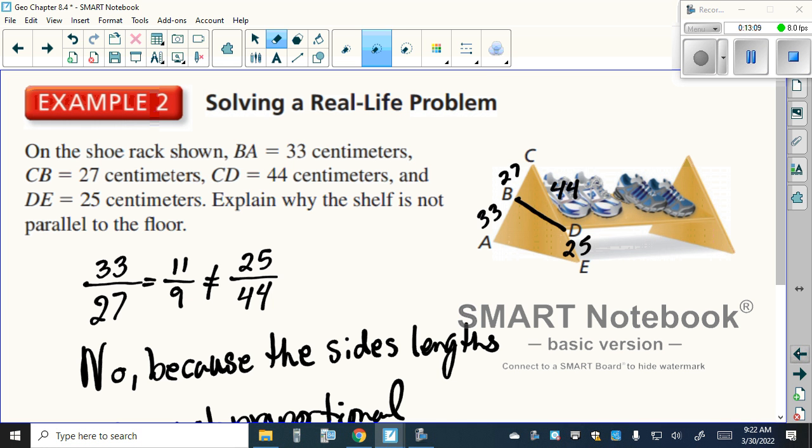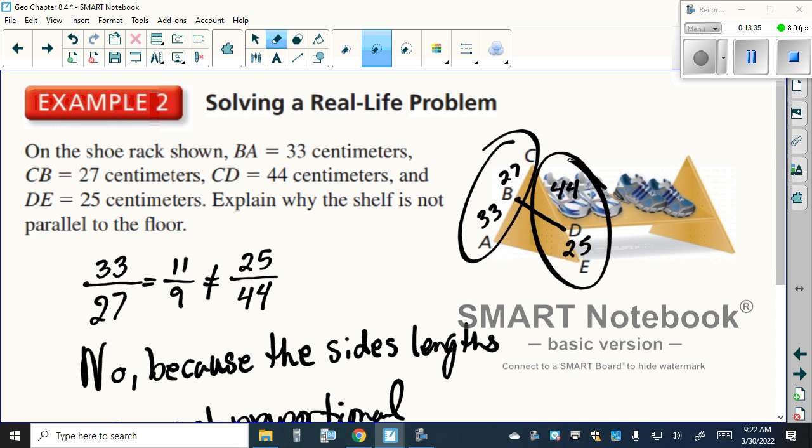Wait a minute, I'm going to look back at this. So when we talked about proportionality, we always said it kind of matched up, yes? Biggest with biggest, smallest with smallest, yes? Because if we're talking about proportionality, they're going to stay the same. One's not going to magically get smaller when we go for the other. If it's bigger on the first, it can't just magically become the smaller, yes? 33 and 27, which one's bigger? 33, yes?